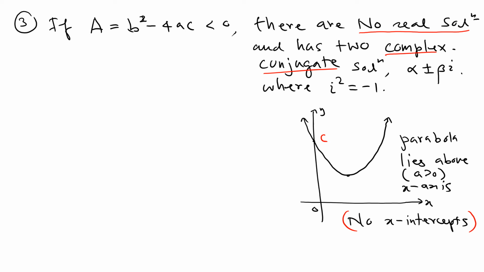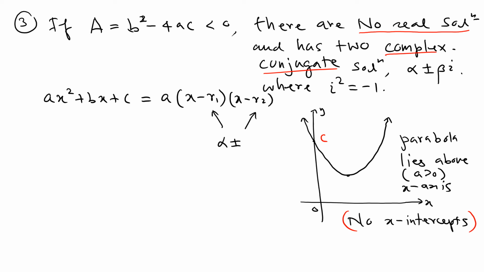And then factorization still works. For example, you can write the factorization like this: ax squared plus bx plus c equals a times (x minus r1) times (x minus r2). What happened is that these two, x1 and x2, are alpha plus or minus beta i. These are not real.